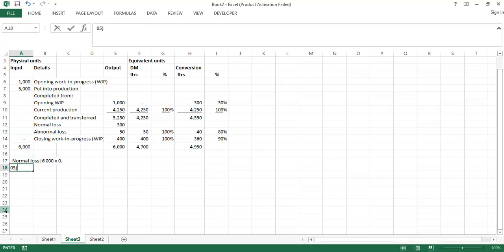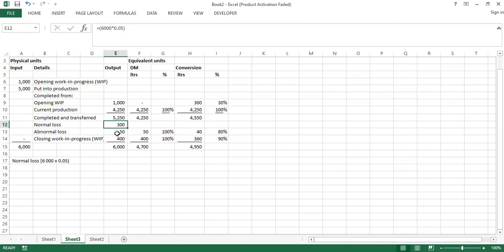So times 0.05. That's what we applied there: 6,000 times 0.05. Then in total, our units need to be 6,000 after incorporating the normal loss.